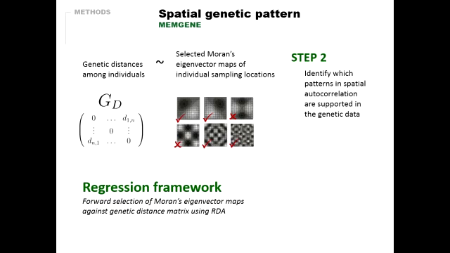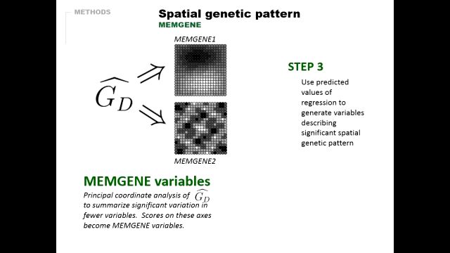The genetic distances could be any kind of measure, relatedness or proportion of shared alleles, and you mine those patterns out of that matrix, supported through a forward selection procedure. Then you do a final model, and from the predicted values of this regression, you can pull out what we call the MEMGENE variables, which are patterns of significant genetic structure. Looking at the relationships among individuals and their genetic relationships, these are significant spatial patterns in genetic structure.